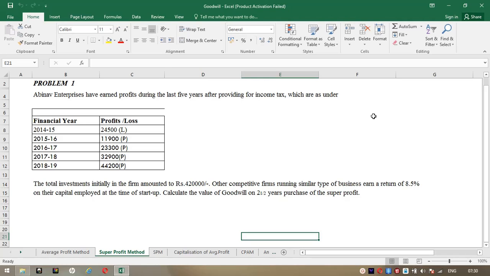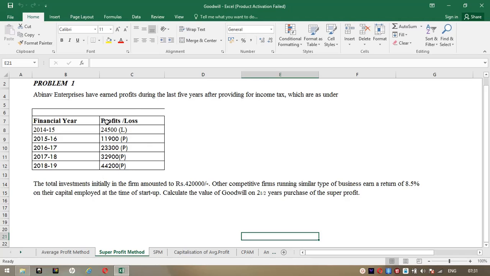So for this purpose, consider this problem with the help of which we can understand how to calculate goodwill using the super profit method. Abhinav Enterprise has earned profits during the last 5 years after providing for income tax, which are as under. There are 5 years of loss or profit given in this problem.